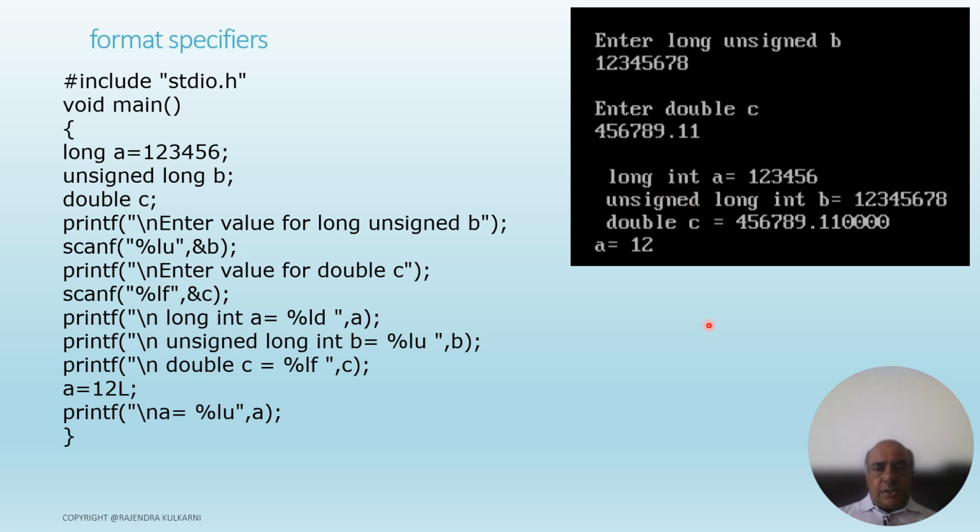For long int, A is equal to 1, 2, 3, 4, 5, 6. It is the output for A, which we have already assigned with a value of 1, 2, 3, 4, 5, 6 in our program. Unsigned long int B is equal to 1, 2, 3, 4, 5, 6, 7, 8.